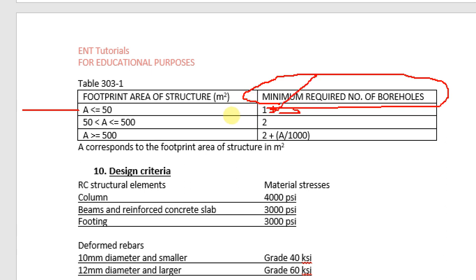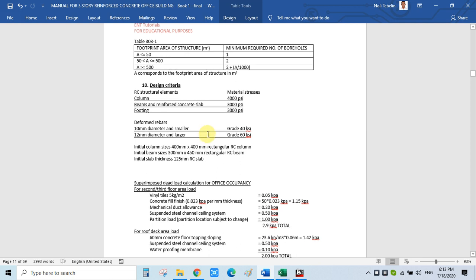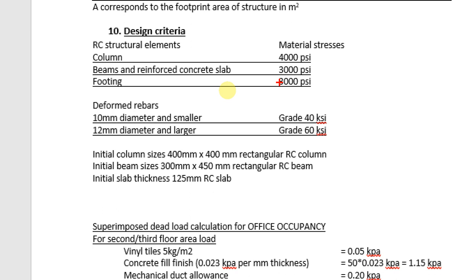Then, punta na tayo sa design criteria. Gagamitin natin dito sa 3-story natin na office building ay 4,000 PSI for the column. For the beams and reinforced concrete slab, 3,000 PSI. And for the footing is 3,000 PSI. Okay? Then we have deformed bars, rebar, 10 mm diameter and smaller, grade 40 KSI.